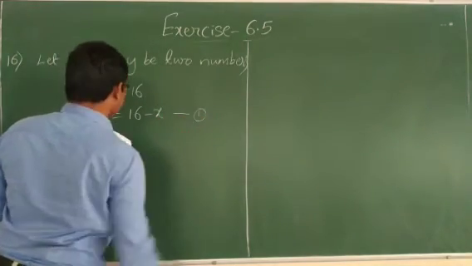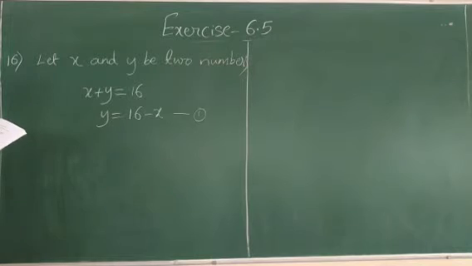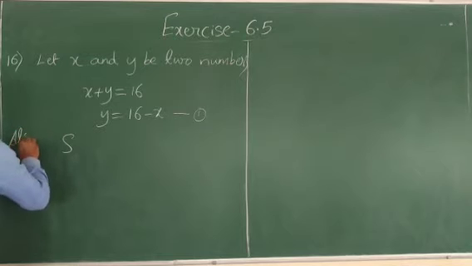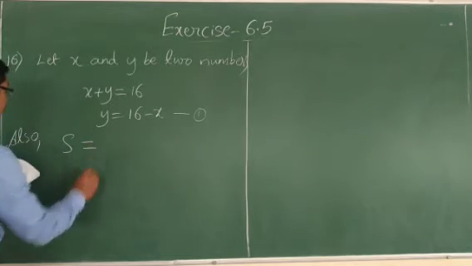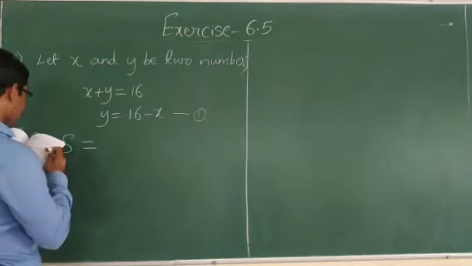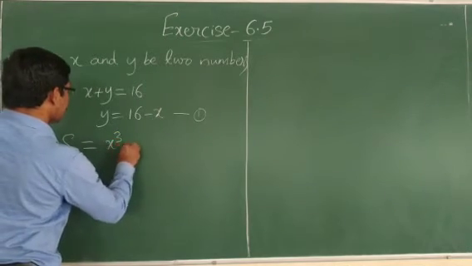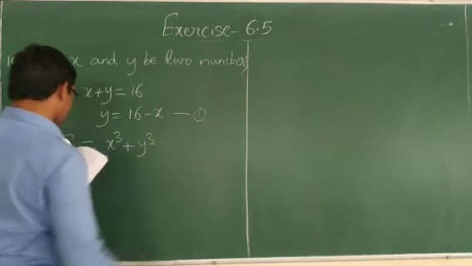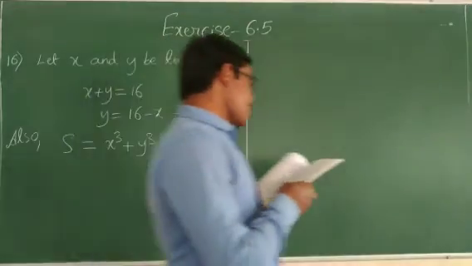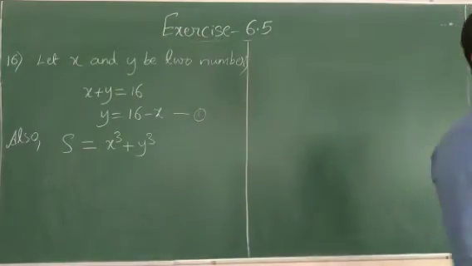You can call this equation 1. And we are given the sum of cubes, so we take s equal to x cube plus y cube. The sum of cubes should be minimum.